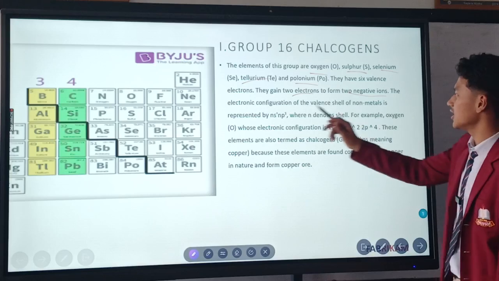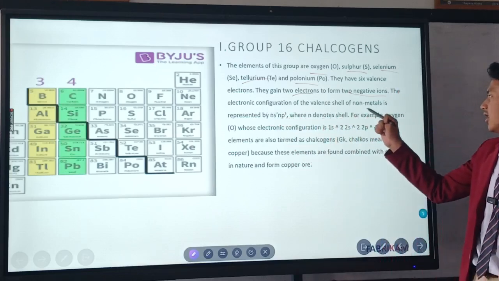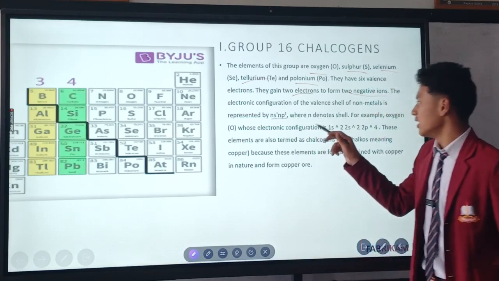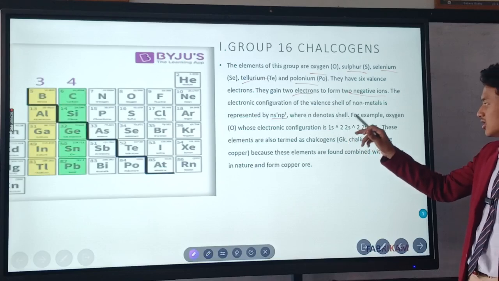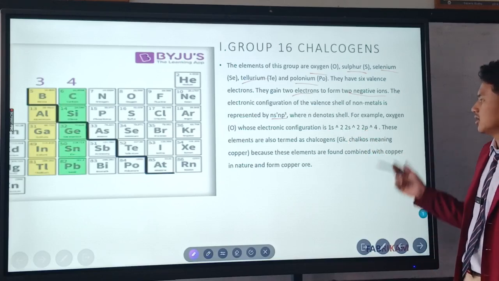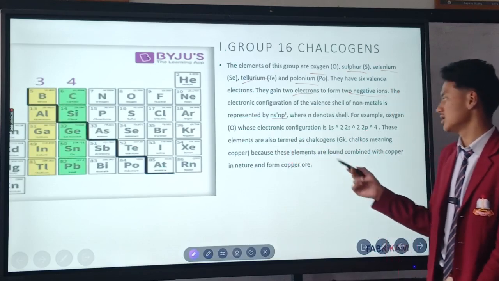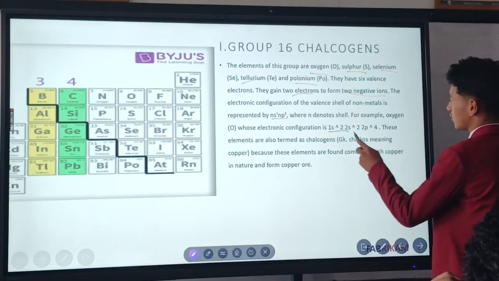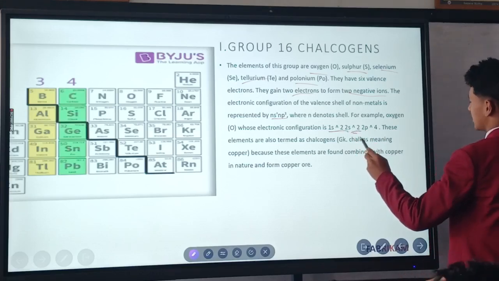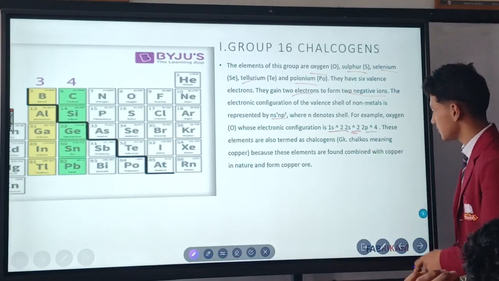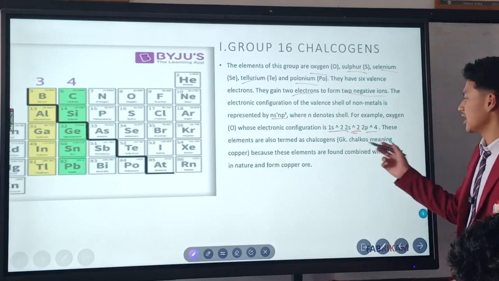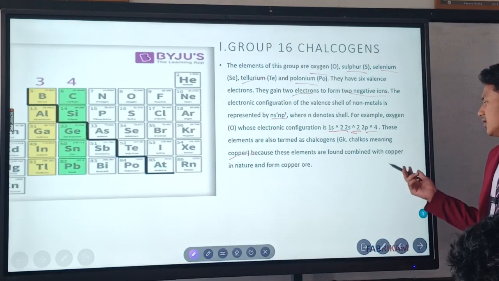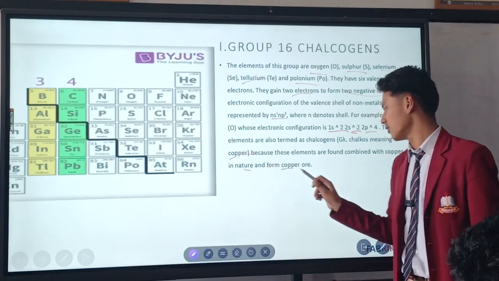The electronic configuration of the valence shell of non-metals is ns²np⁴, where n denotes the shell, for example oxygen, whose configuration is 1s² 2s² 2p⁴. And chalcos means copper because these elements are found combined with copper in nature to form copper ore.